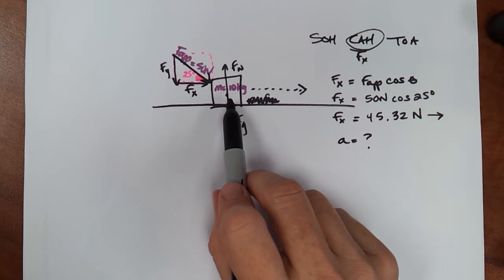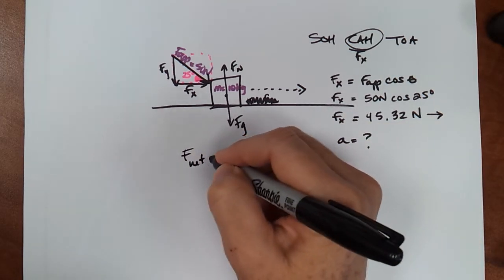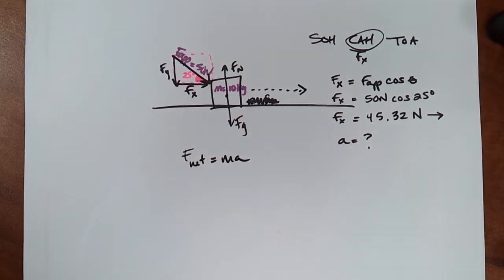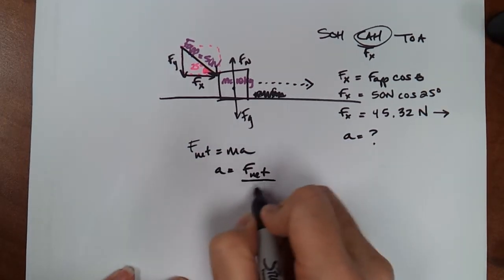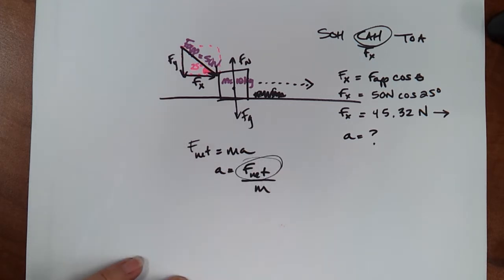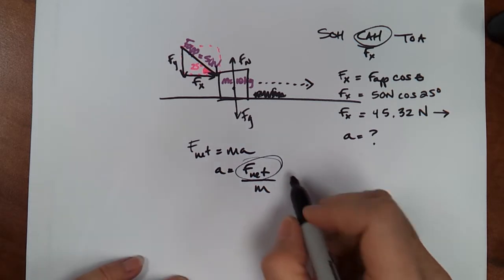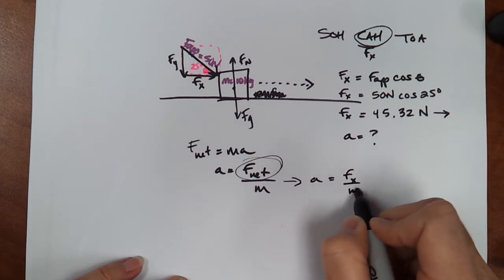We know the mass is 10, so remember, going back to our equation, Fnet equals ma. So a equals Fnet over m. In this case, the only force that is causing this particular motion is going to be Fx, so we can rewrite it as Fx over m.